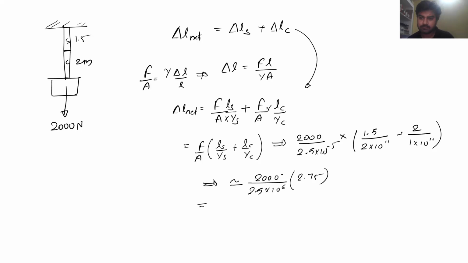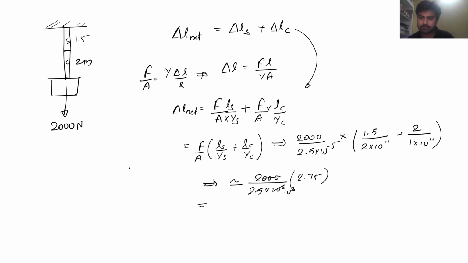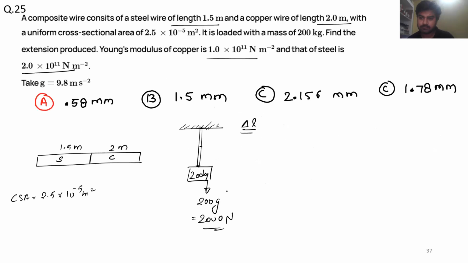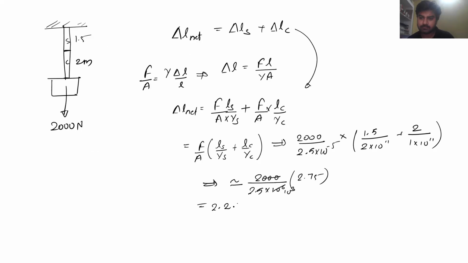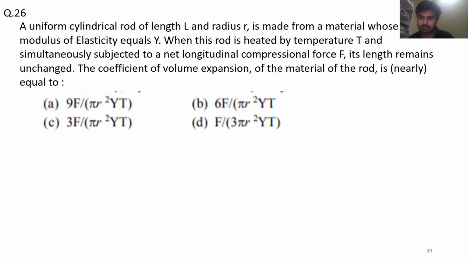It was 200 kg, so we can cancel 3 times 10 to the power 3. Solving this, you get approximately 2.2 into 10 to the power minus 3, which is 2.2 mm, right? Which option matches the best? Option C. Next, let's go to the 27th question.